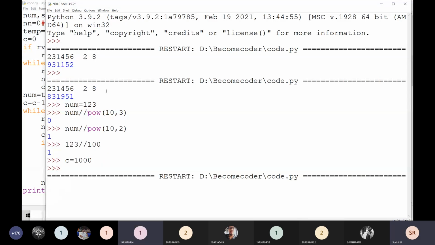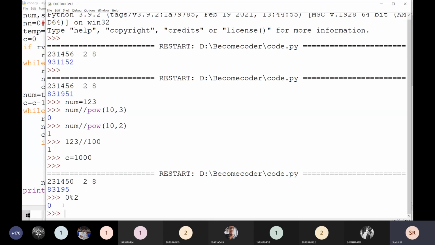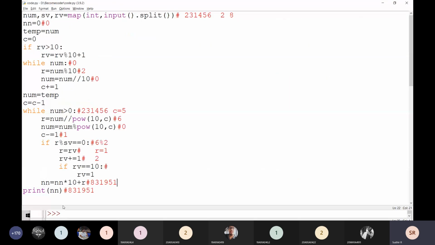Place value. Place value. 83195. This is 0 mod 2, then it becomes 0. Okay, but it is not giving the output here.